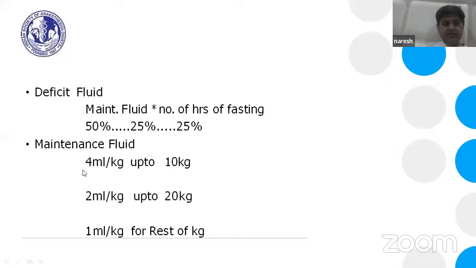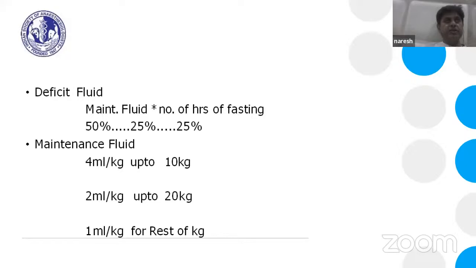Then maintenance fluid is the same formula, 4 ml per kg for the first 10 kg, 2 ml per kg for the next 10 kg, and 1 ml per kg for the rest of the weight of the patient. This we are using in the pediatric age group and for the adults also. It gives very reasonable calculation values to maintain the hydration.